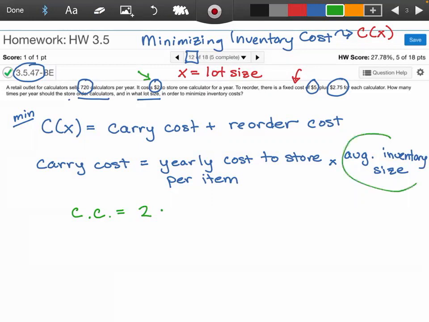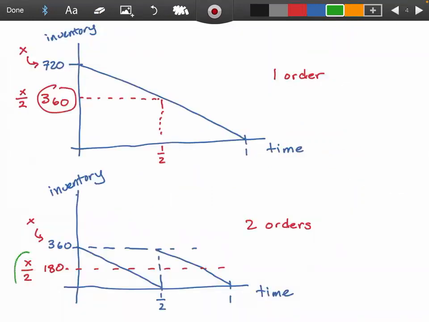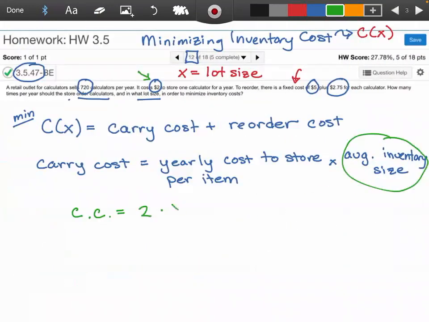Well, we figured out if we assume a linear function that the average inventory size is just X over 2. Okay. We can simplify this, and this won't always be the case where it simplifies so nicely, but it does in our example here. It only will happen when the average cost to store is $2. But the 2's will cancel, and we'll be left with X. So our carry cost, this part here, is just X.